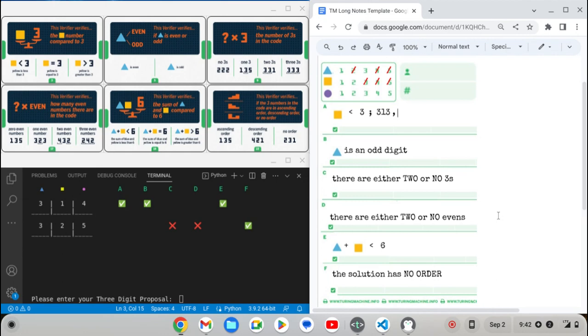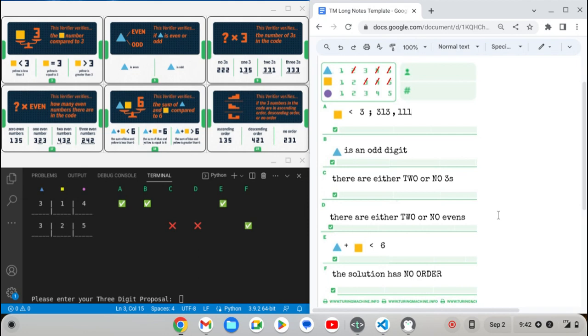So the alternative is we don't pick any 3s, and so that would force triangle to be a 1. And remember, we do want no order. Oh, this is interesting. Could we have a triple digit 111? I guess that's a possibility.